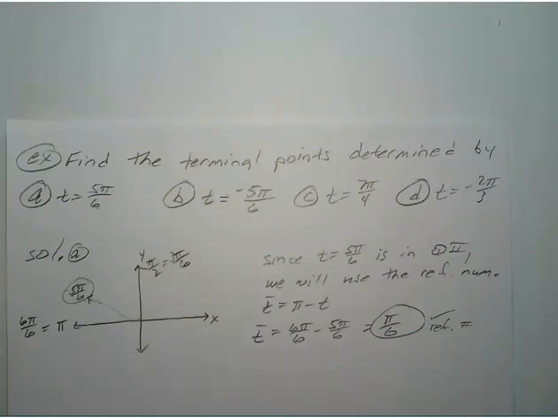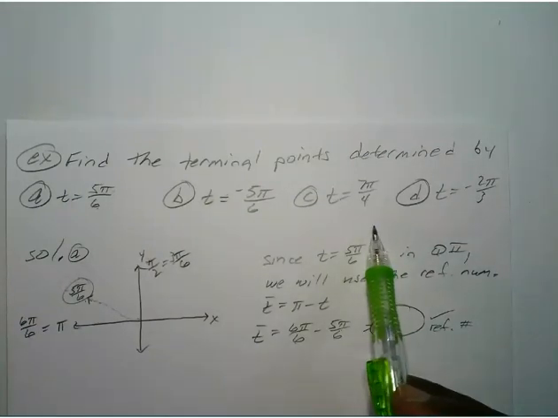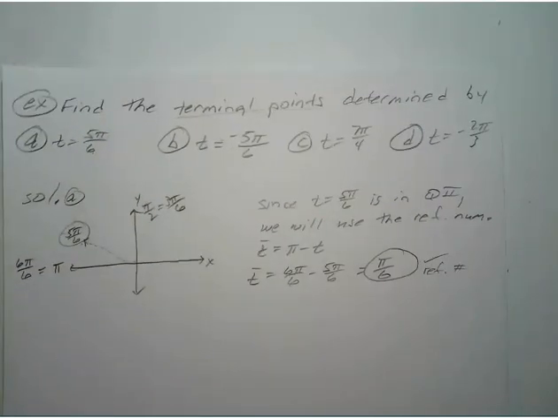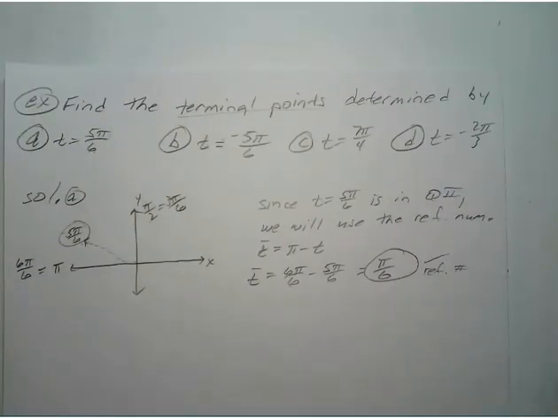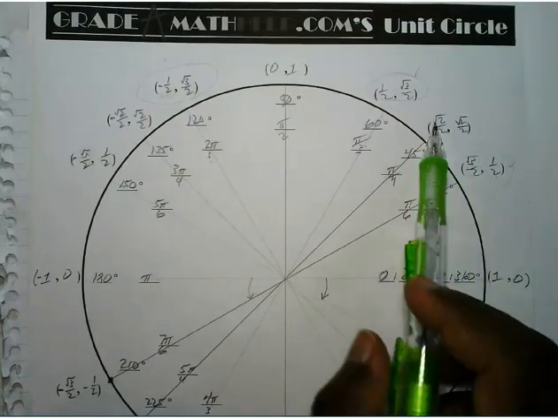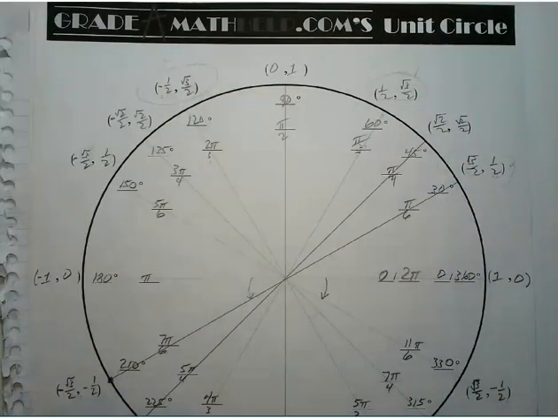Now, since we're looking for the terminal point, we're not quite done yet. Because remember, we have to find the terminal points. So that means going back, let me go back a few pages here, in my notes. There we go. I'm going to cover this up just for a second. We're looking for these values here. Which one of those will be represented by our reference number π over 6?